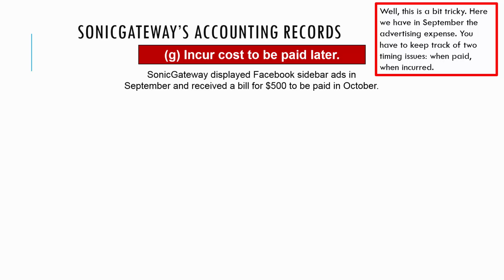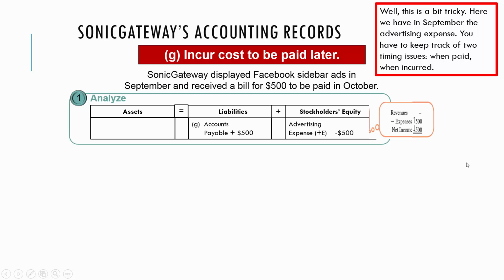We also put sidebar ads in September, and we got a bill that's going to be paid in October. So the ads are going to be in September, and we're going to pay it later. So we are incurring a cost that is going to be paid later. Well, this is a little bit tricky because there's no cash flow right now.